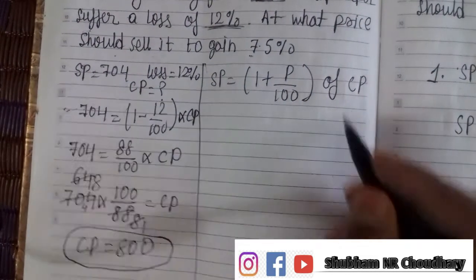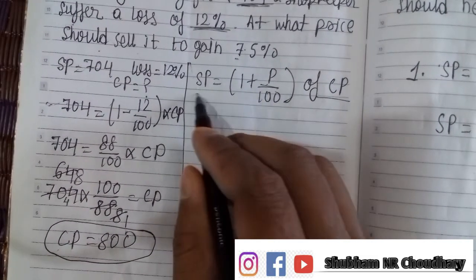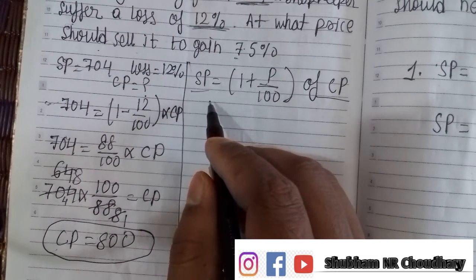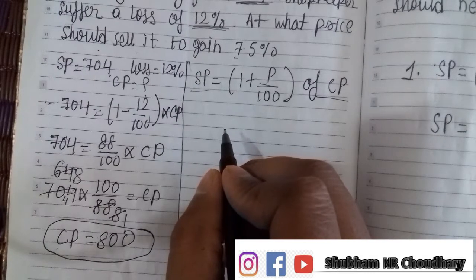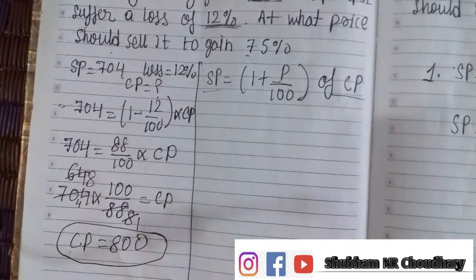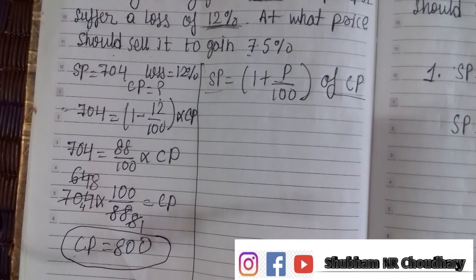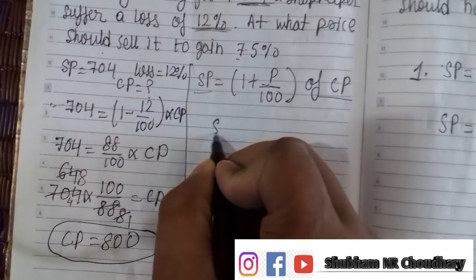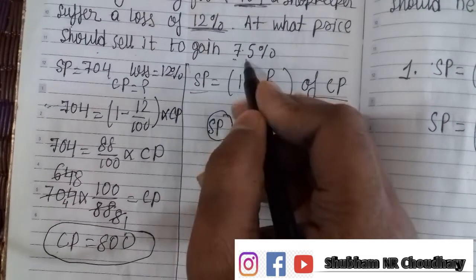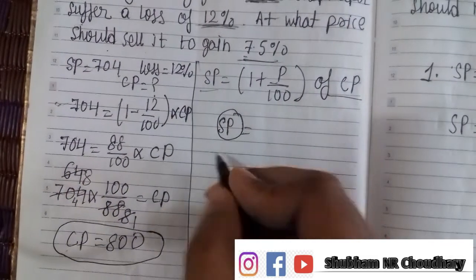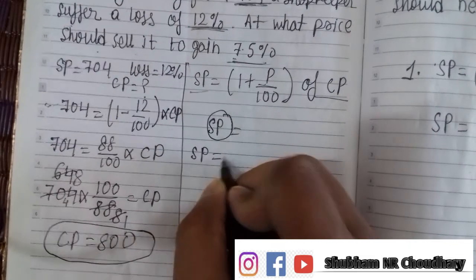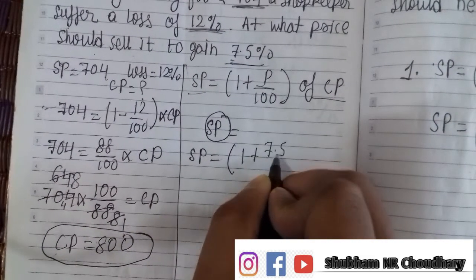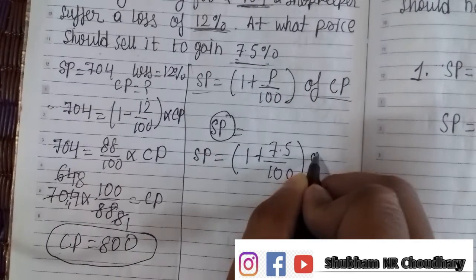We know CP, we know how much profit we need to take out, we need to find the selling price. Sorry for the inconvenience. At what selling price will we sell to gain 7.5%? So SP equals 1 plus 7.5 by 100 of 800.